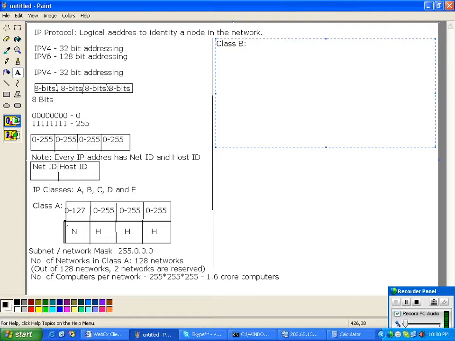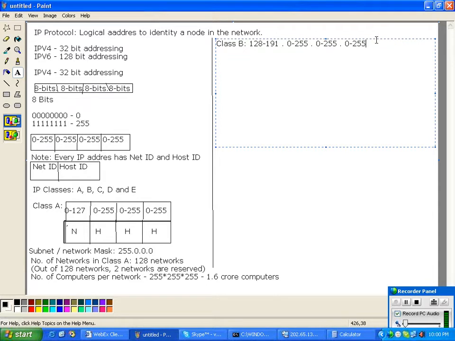So in class B, I just want to give 128 to 191 dot 0 to 255 dot 0 to 255 dot 0 to 255.